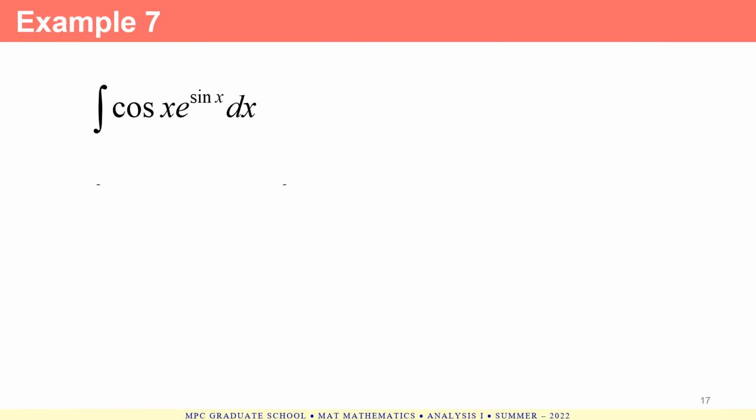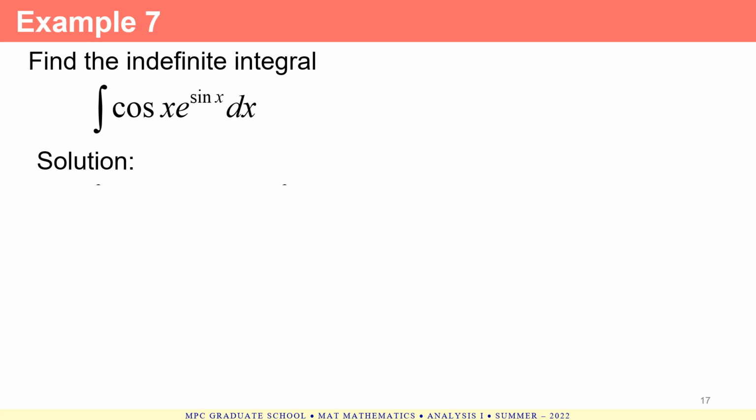Okay, for our last example, the given here is the integral of cosine x times e raised to sine x dx. So we're going to use property number 2. We let u is equal to sine x and our du is equal to cosine x dx. So we're going to convert our integral in terms of u.